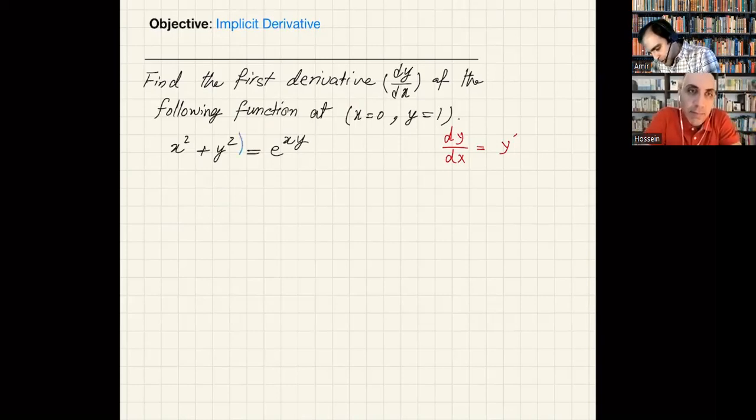So I'm going to take derivatives in terms of x, as I explained here. The prime that you add on both sides means that you're taking the first derivative. Correct. So it's going to be 2x plus, this is like we use the chain rule here because y is itself in terms of x.